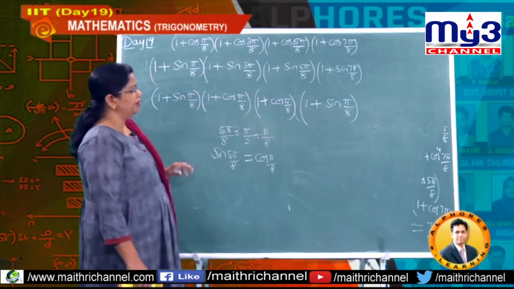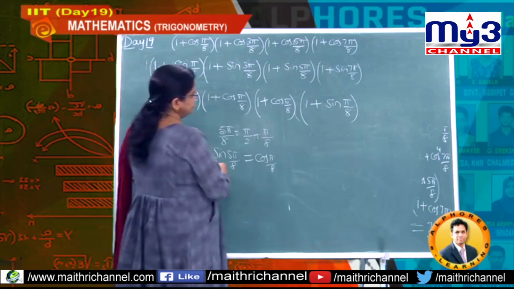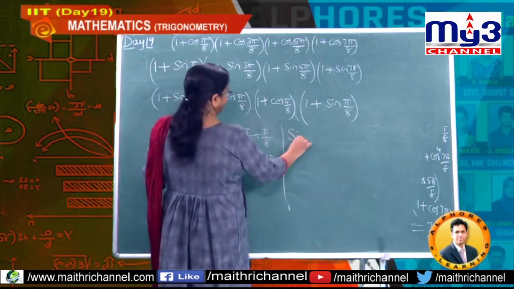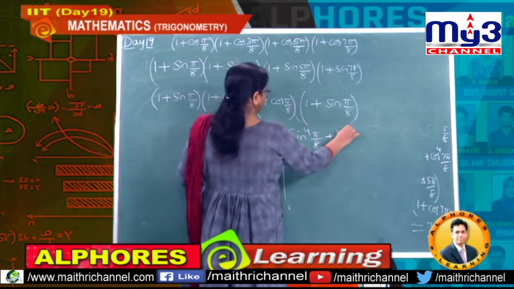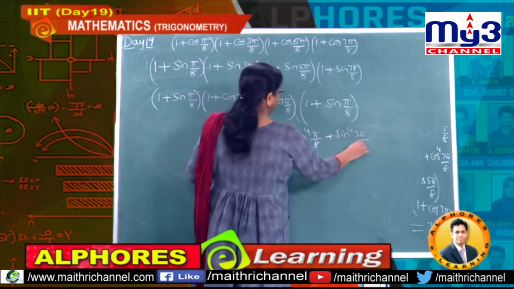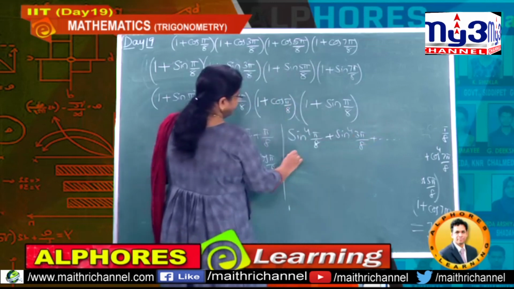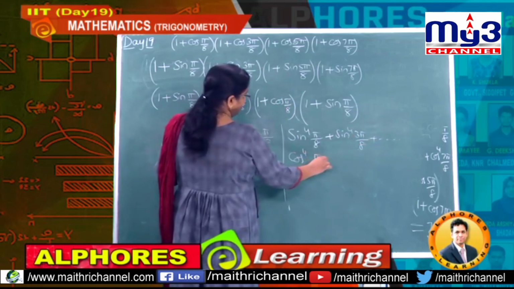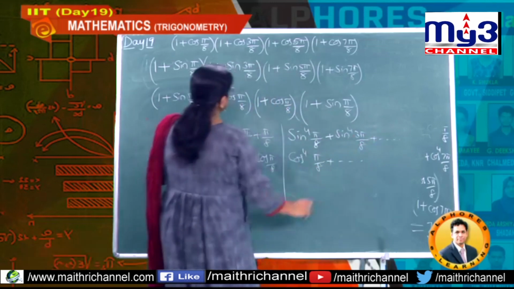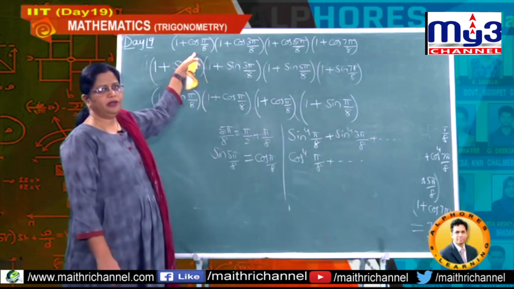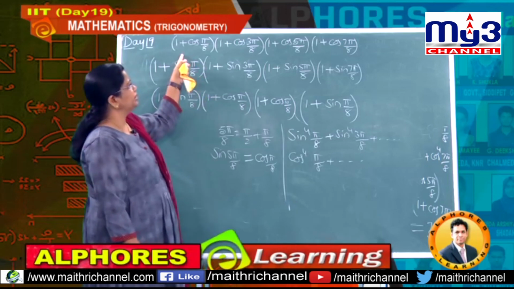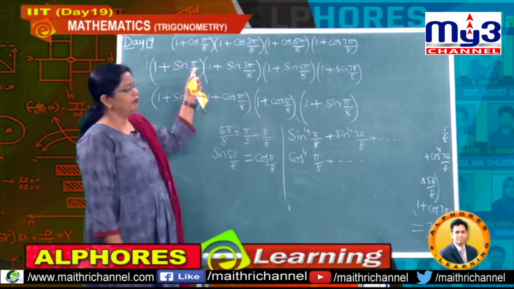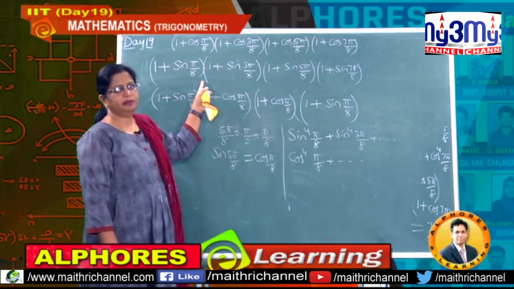That's why for the problem sin to the power 4 pi by 8 plus sin to the power 4 of 3 pi by 8 etc., you got the same answer even for cos also, whereas this problem you will get only in terms of cosine but not in terms of sine. Therefore this problem's answer is 1 by 8, whereas this problem is not 1 by 8.